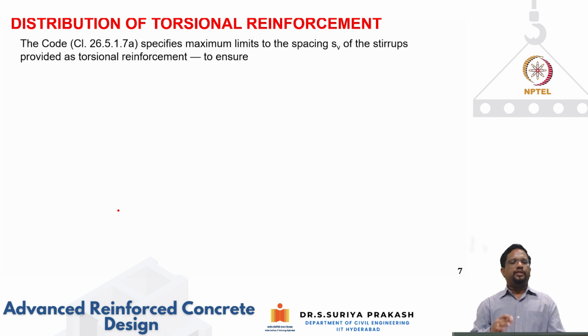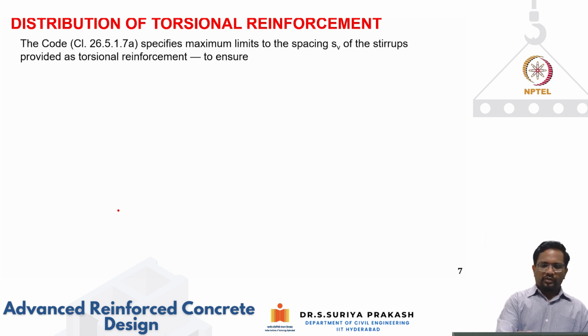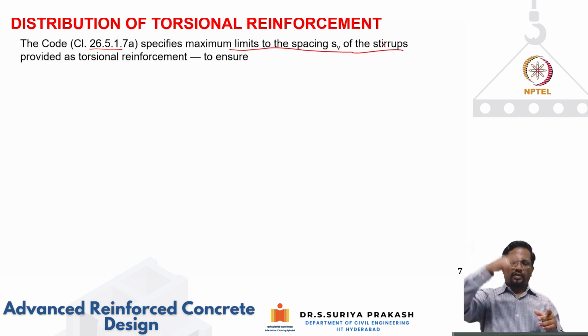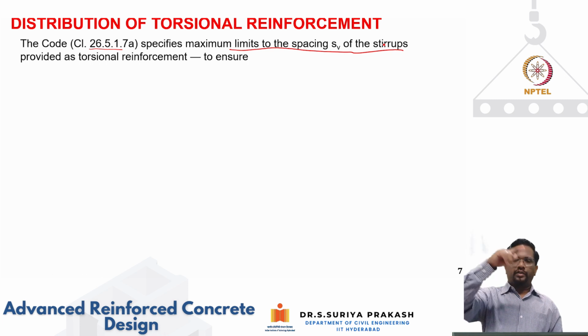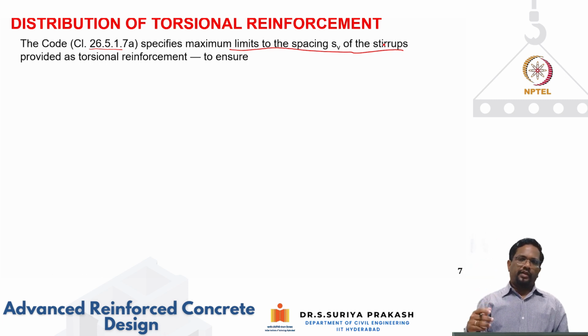Now let's see the distribution of torsional reinforcement. Clause 26.5.1.7a specifies maximum limits to the spacing Sv of the stirrups. Whenever a shear crack forms, either from your V or from your torsion, torsion is going to create a spiraling crack, and the crack width can be quite significant. Then you will have serviceability issues.